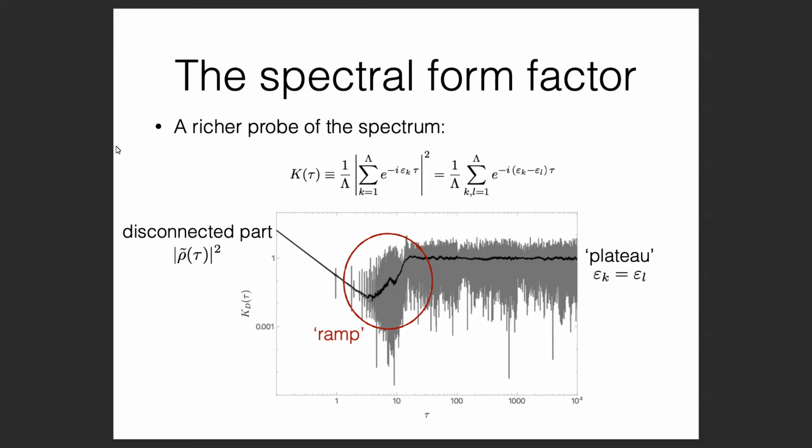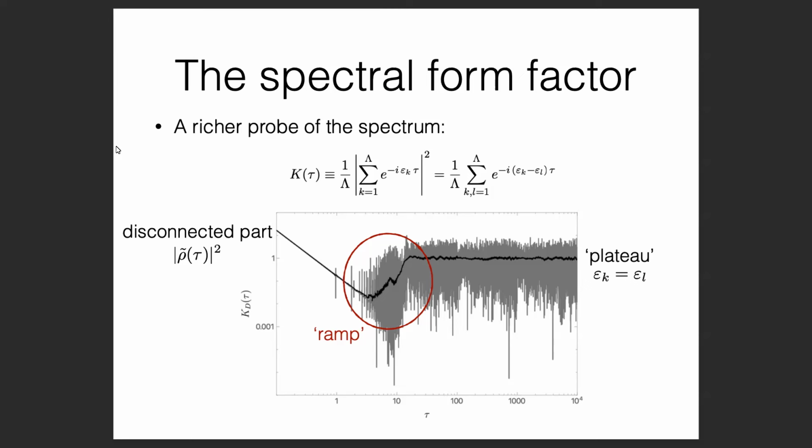If you haven't seen this before, it may not be very illuminating. It has this disconnected part. The gray line is what you get if you calculate this. The black is what you get when you time average it over a window, which is what you normally do with these things. This plateau has to do with the states being finite. This is the contribution when these are equal, and it goes to 1.